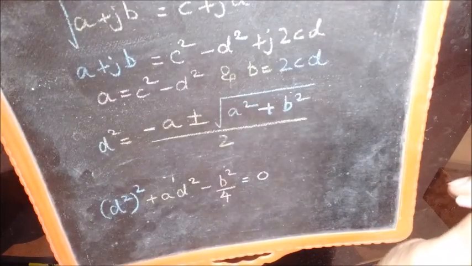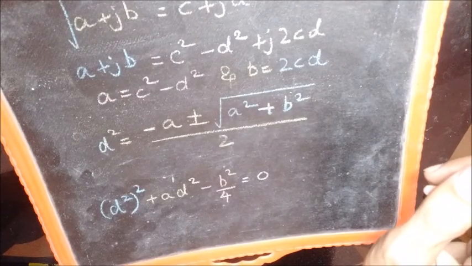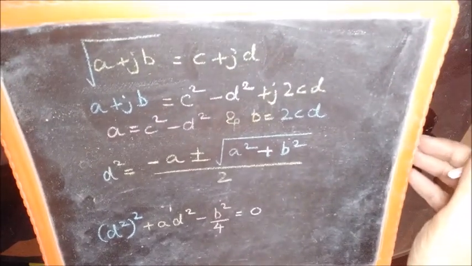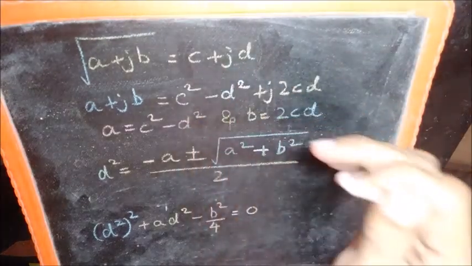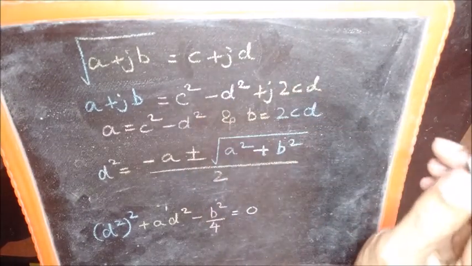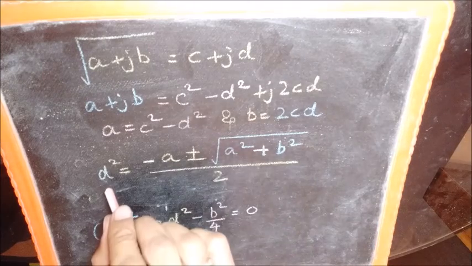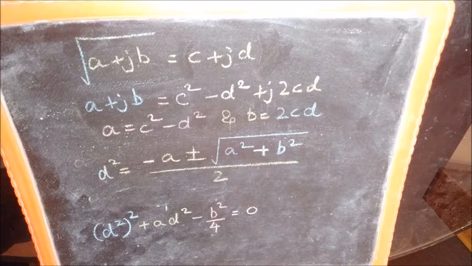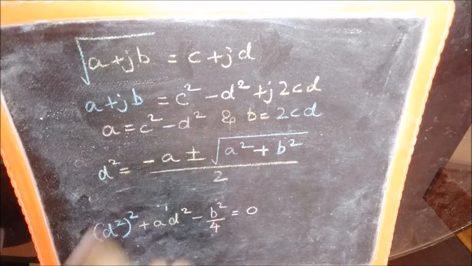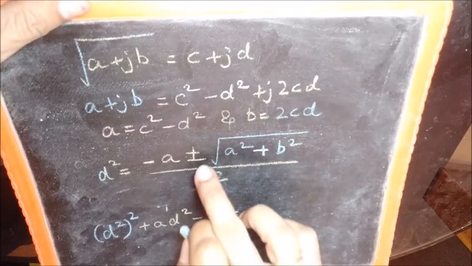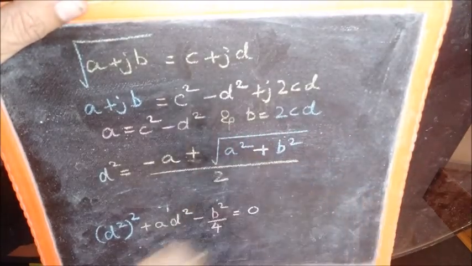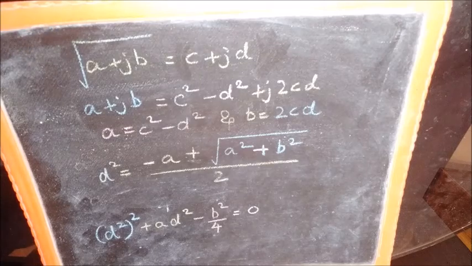Now, in the beginning we made a statement, we said that c and d are real numbers. If d has to be a real number, then d square cannot be negative, because if d square is negative, then d becomes an imaginary number. So d square should not be negative, which means this will have to be positive, because what we have here under the square root is larger than a in terms of its magnitude.